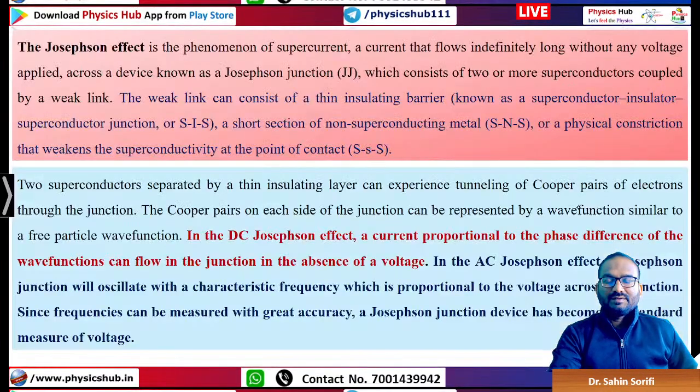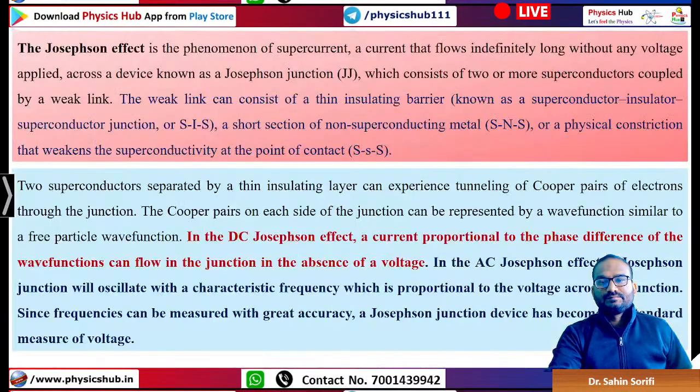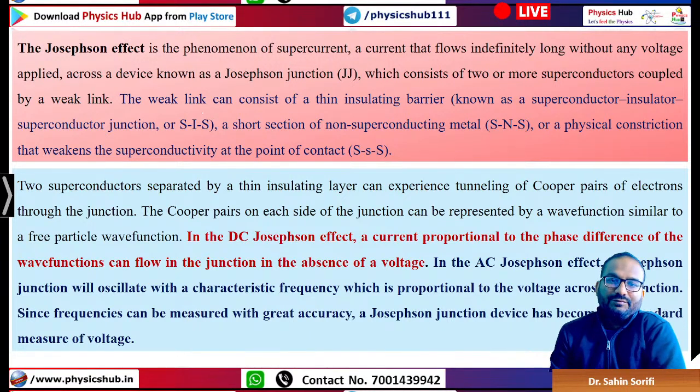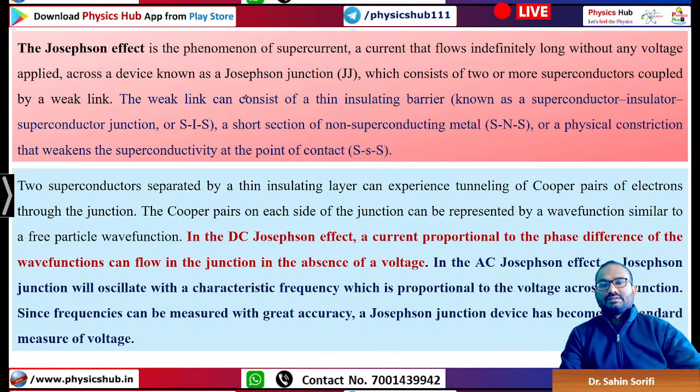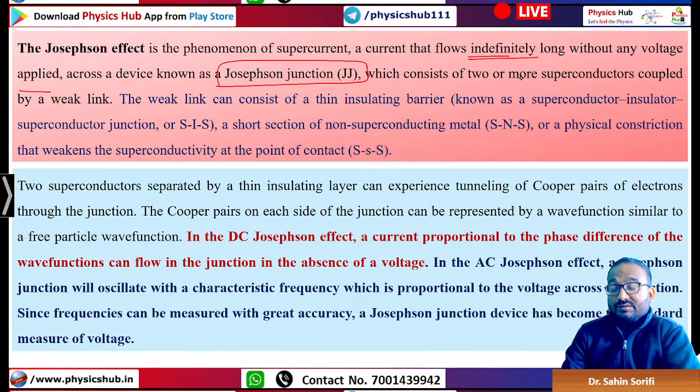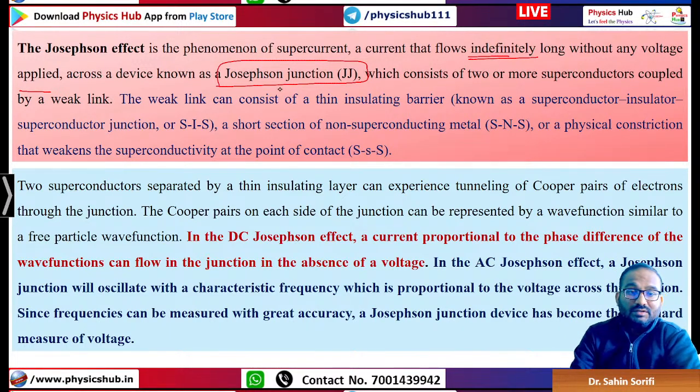One last thing is left, that is the Josephson junction. So the Josephson effect is the phenomenon of supercurrent, current that flows indefinitely long without any voltage applied, across a device known as a Josephson junction, which consists of two or more superconductors coupled by a weak link: superconductor, normal conductor, again superconductor.